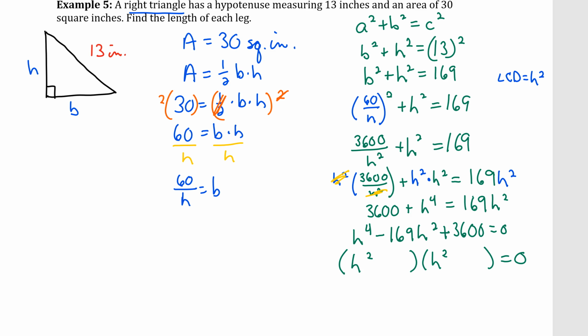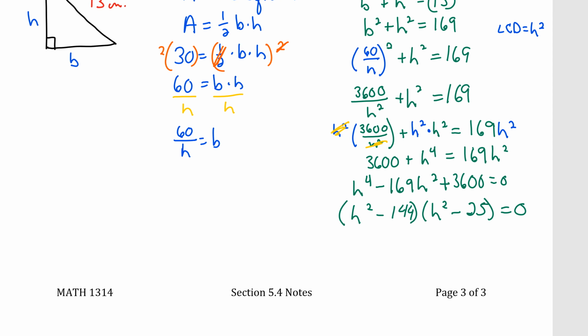Numbers that multiply to give me 3,600 and add to give me a negative 169 is going to be a negative 144 and a negative 25, which is really nice in this case. Because now I have h squared minus 144 is equal to 0, and h squared minus 25 is equal to 0. Add 144, so I get this.